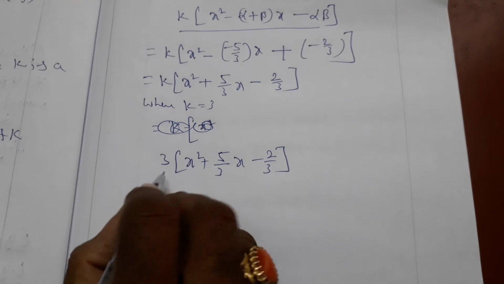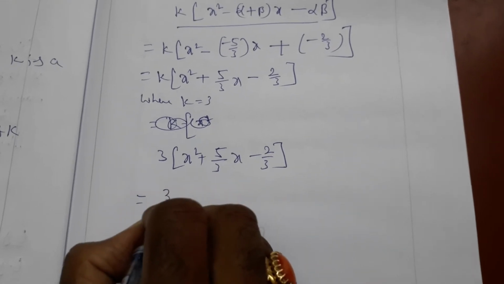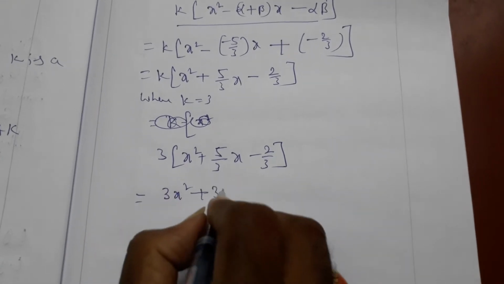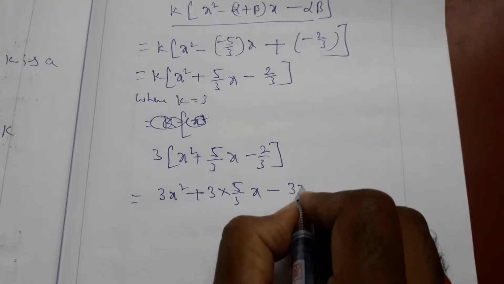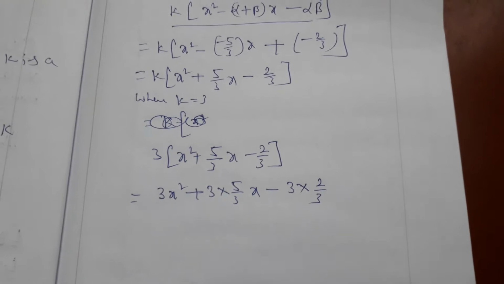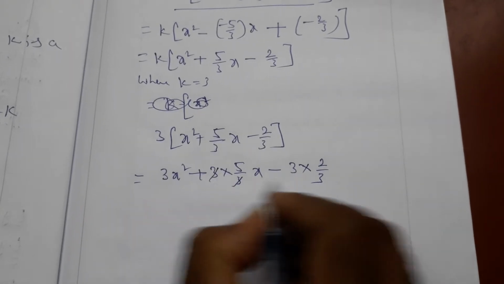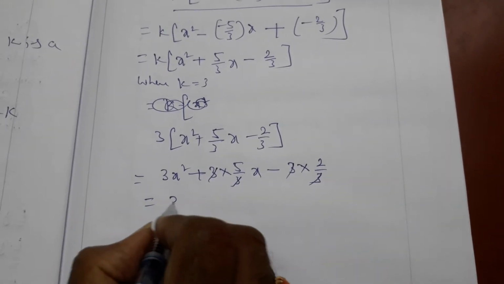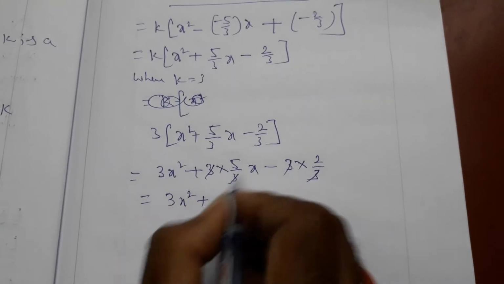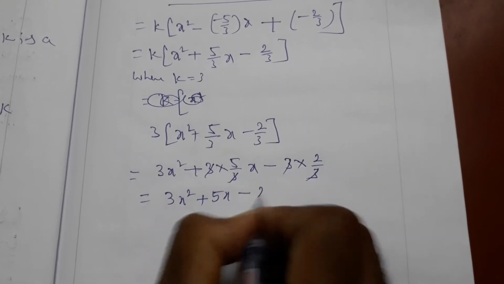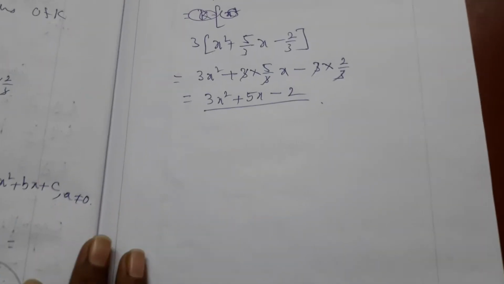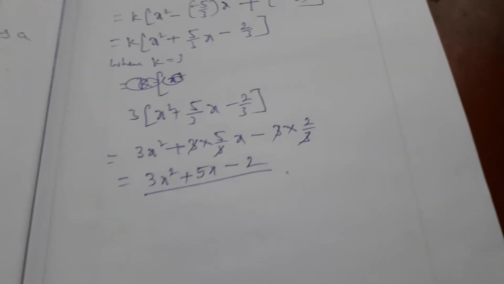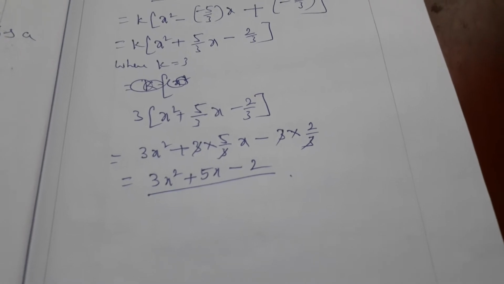By multiplying with 3, that equals 3x square plus 3 into 5 by 3 x minus 3 into 2 by 3. This 3 cancels, this 3 cancels. That equals 3x square plus 5x minus 2. This is the required polynomial whose zeros are minus 2 and 1 by 3.